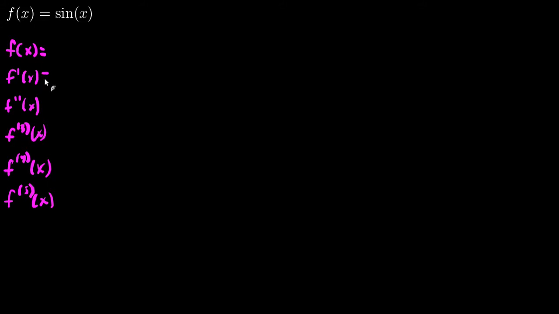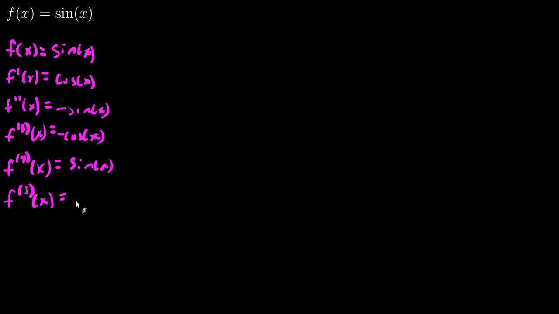Now, this should be enough to catch the pattern, okay? If it's not enough, you keep going till you see the pattern. So, the function is sine, the derivative is cosine, the derivative of that is negative sine, the derivative of that is negative cosine, the derivative of that is positive sine, and the derivative of that is positive cosine.